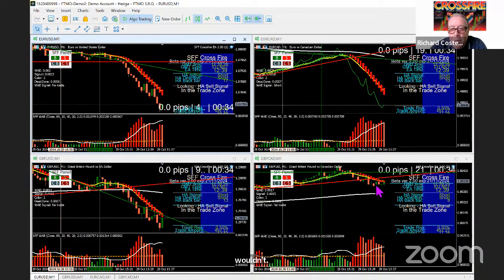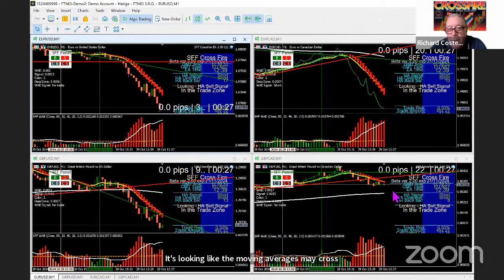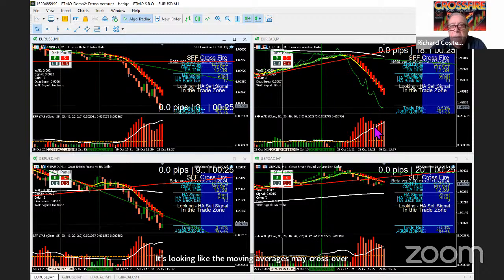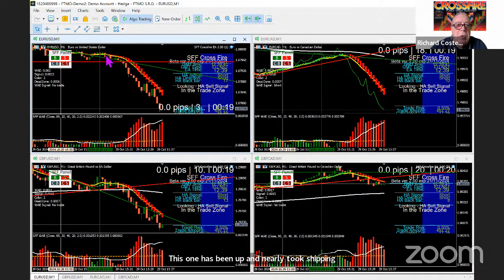See, this one here, it's looking like the moving averages may cross over, not immediately, but at some point in the near future. This one has been up and nearly touched it and shot away from it. This one has been nowhere near the white line.